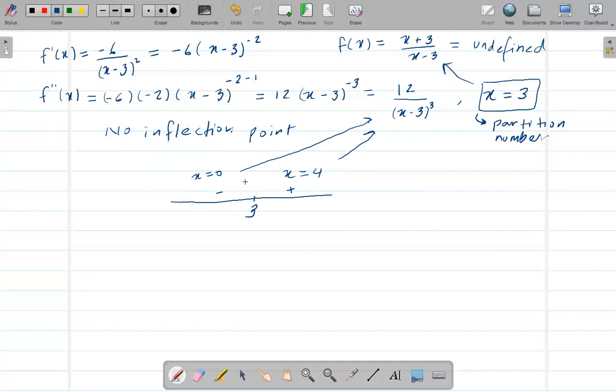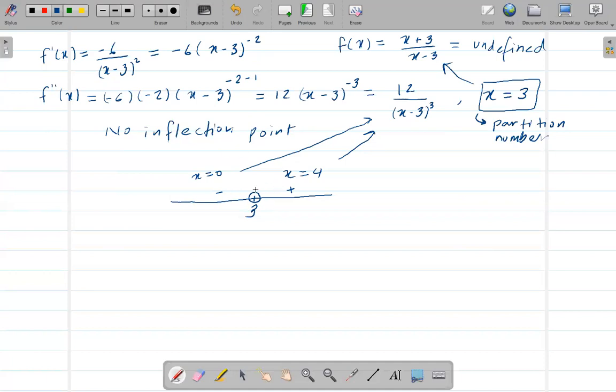And technically, before we said that if we have a sign change, then we can say this is an inflection point. But here, if I use this point in f of x, we get undefined, right? So that's the reason we cannot say this is an inflection point.